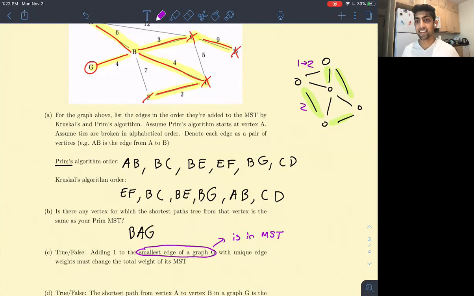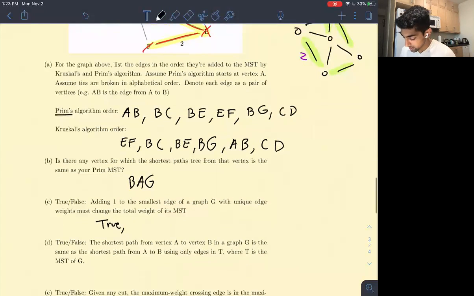It's not necessarily always the case, but we know for a fact that the total weight will increase. The clarification is that the edge may not necessarily stay. So with that in mind, let's say true.